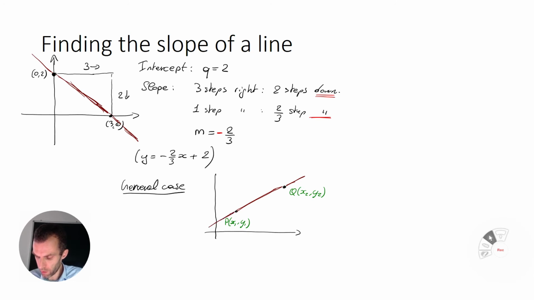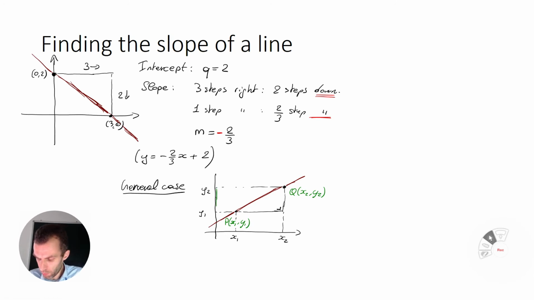This line. Then what I can do is look at this right angle triangle that's given like so. And so I know that this coordinate is x1, this is x2, and this is y1, y2. So now let's go look inside that triangle one more time.